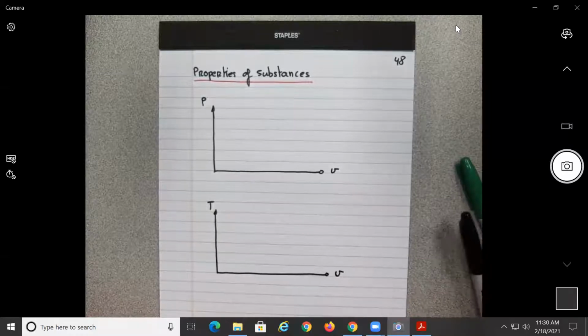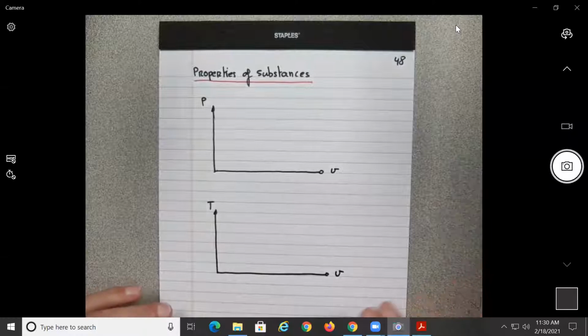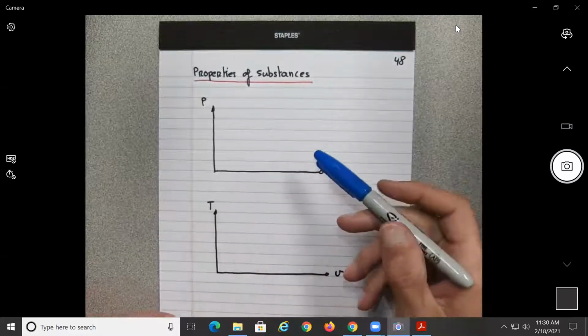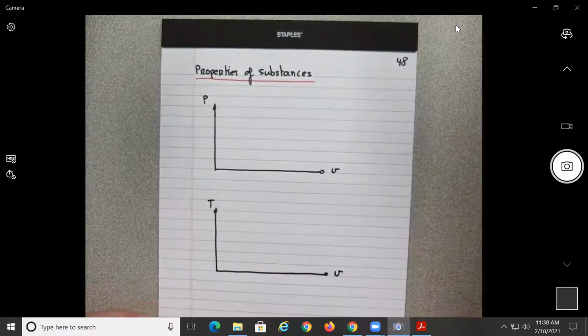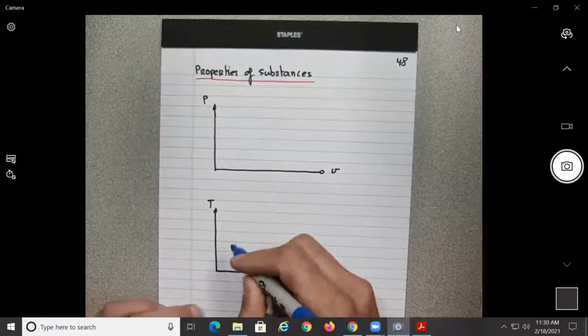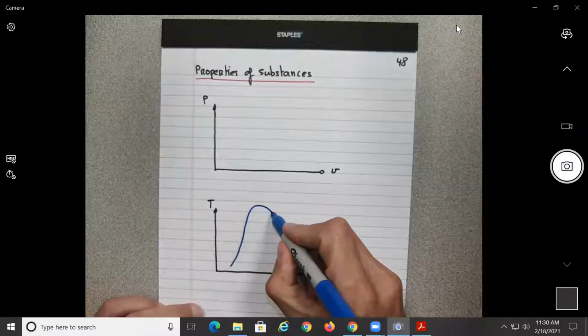You don't need to do both. If you do one, it's fine. What happens is that depending on the problem, sometimes one is preferable over the other one. Personally, I want to tell you I use a lot more the TV than the PV. Okay? I like it more, but you don't have to. So basically you do that curve over here like this.